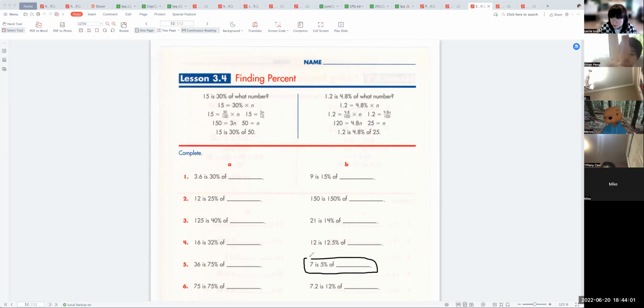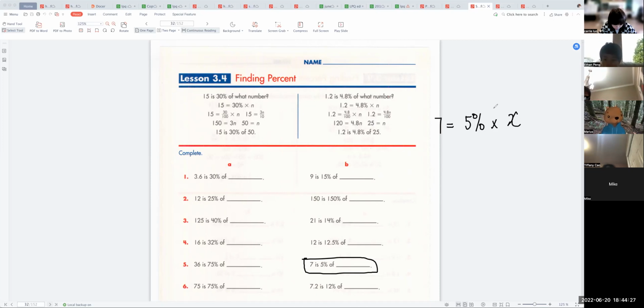7 is 5% of what? Mike, do you have time to do that? Yes. 7 is 5% of x.